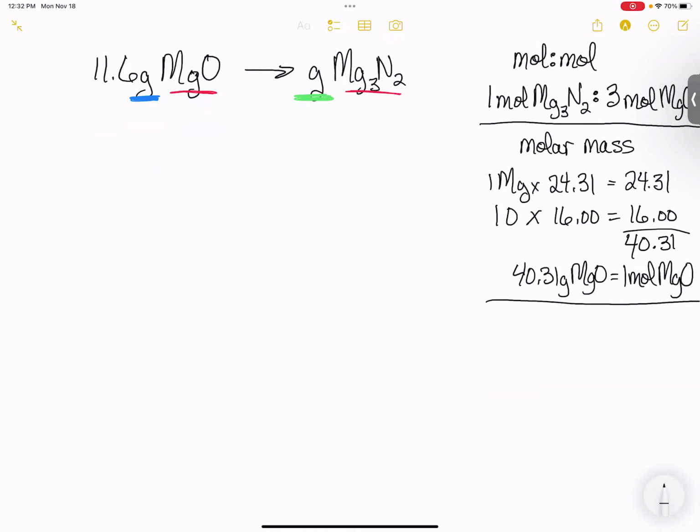Anytime you have grams, it's the molar mass. So I need the molar mass for another compound. I have 3 magnesiums and I have 2 nitrogens. Magnesium is 24.31. Nitrogen is 14.01.